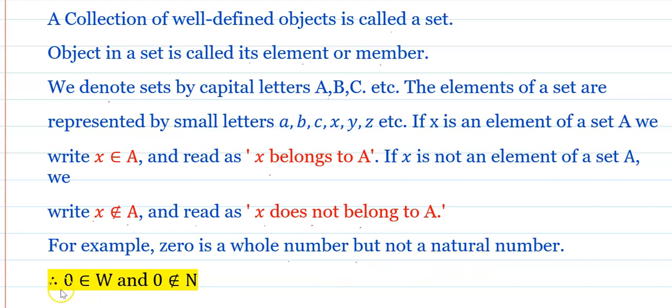Therefore 0 belongs to W but 0 does not belong to N.